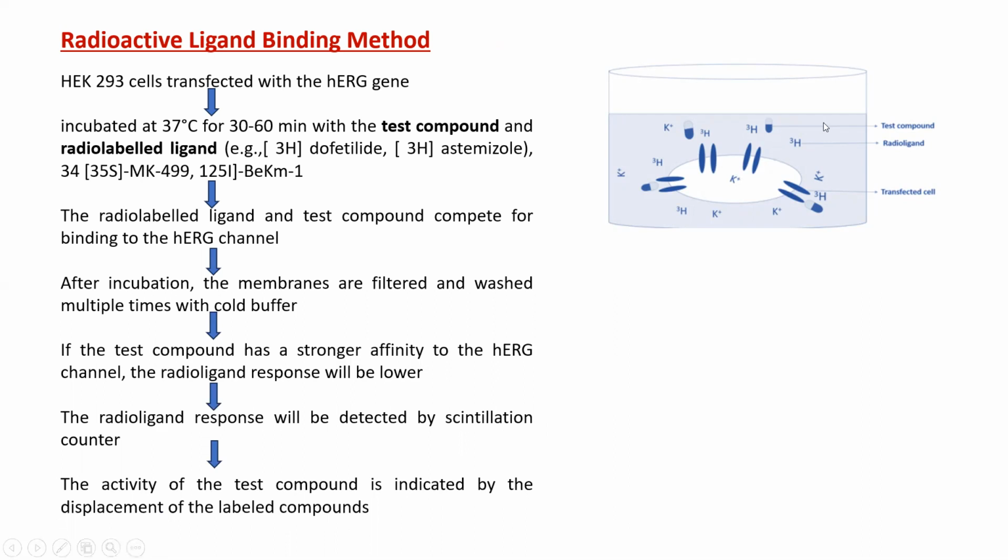So the concentration or the activity is based on how much of the radioligand is displaced by the test compound. Given that the test compound has closed this channel and the radioligand is free in the solution, they will not show any response, so the response observed is very low.